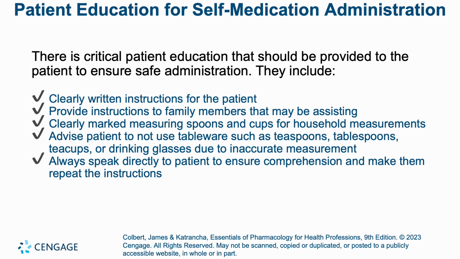This includes clearly written instructions for the patient, instructions to any family members that may be assisting, and clearly marked measuring spoons and cups for household measurements. Again, we try to avoid that, but if they are taking a medication and using home devices, we want to make sure that they're using things that are marked. Advise patients not to use tableware such as teaspoons, tablespoons, teacups, or drinking glasses due to inaccurate measurement.